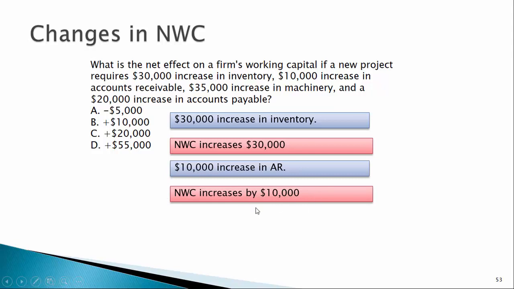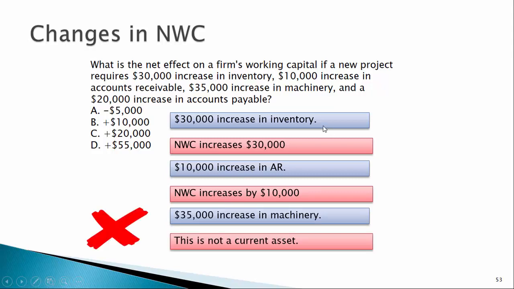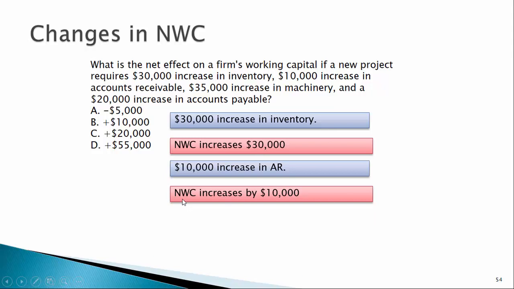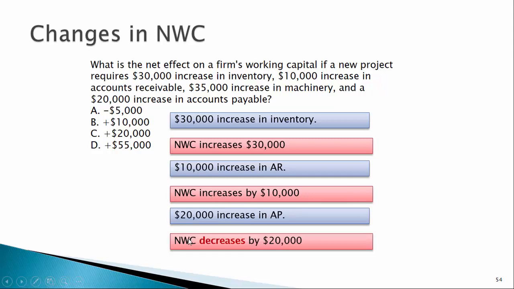So it's going to increase my net working capital by $10,000. There's a $35,000 increase in machinery, but that's not a current asset. That's a fixed asset, so it doesn't go into our calculation. Accounts payable increased by $20,000, but that's a current liability. We're subtracting those off, so that will reduce my net working capital requirement by $20,000.